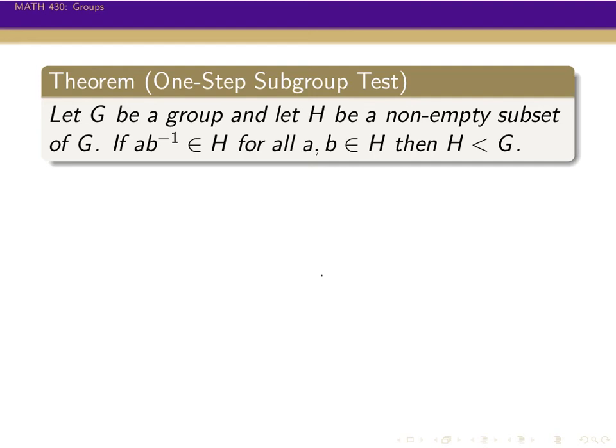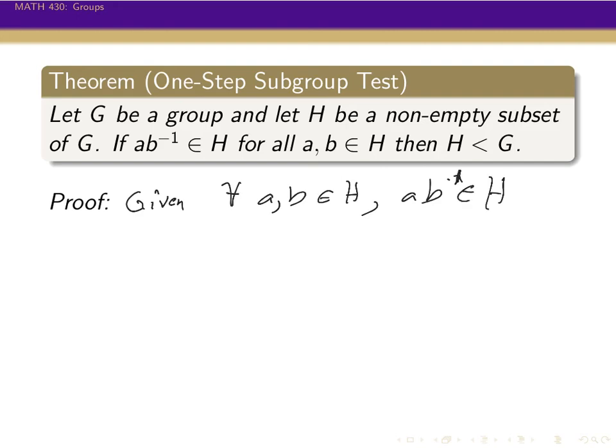Okay, and so why is this going to be true? We're given that for any A and B in H, AB inverse is in H as well.